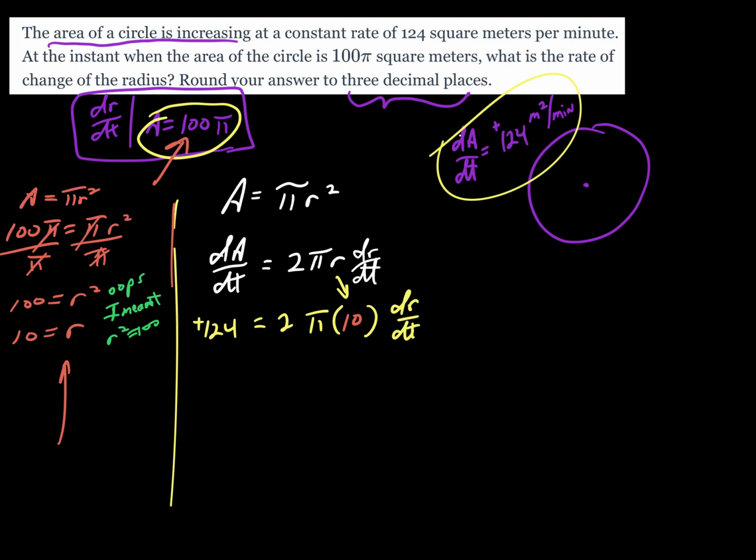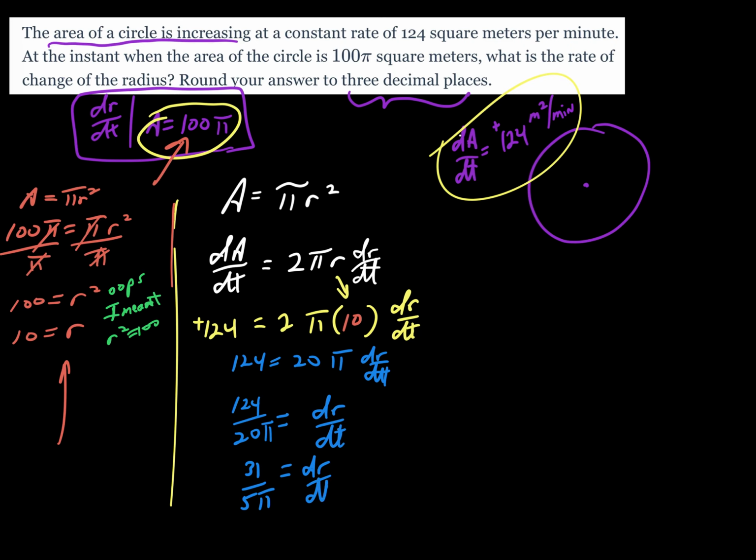Now, if we continue in this problem, this is going to be 124 equals 20 pi times dr dt, and we want to solve for dr dt, and that comes out to be 124 over 20 pi. Now this will reduce to, what is that? That's 31 over 5 pi. All right.